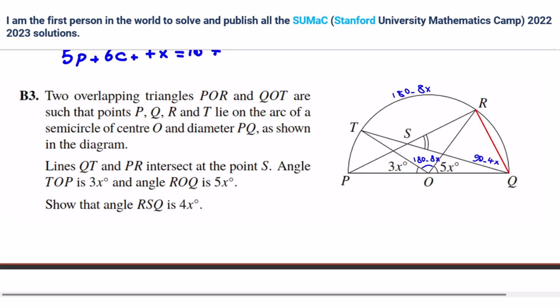Then what? And then, that's the same as TPR. TPR is also 90 minus 4x. Yes, good. Let me draw. Yes, then what?